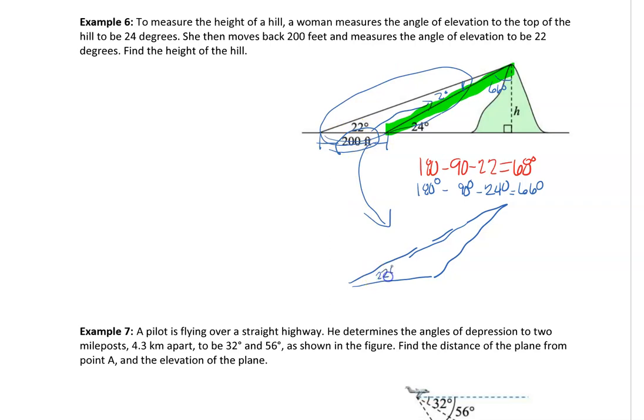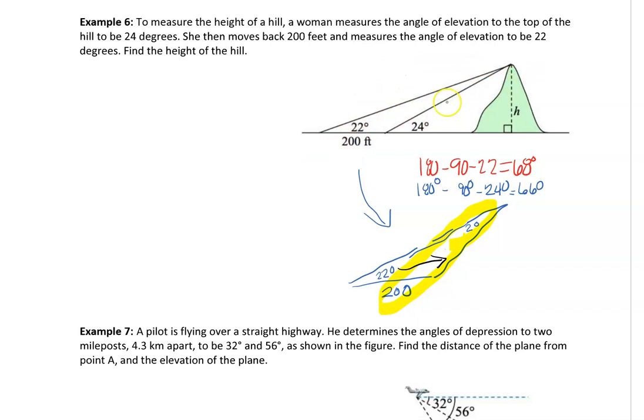So this is 22 degrees, this is 2 degrees, and this side is 200. So I am going to use this ratio in order to find, with this angle, this opposite side. If I can find this side here, and let's call it X, I have more information to get me over here to this side with H, but I'm having to pivot off of just knowing that this small little piece here is 200. So that's why I'm working on that triangle.